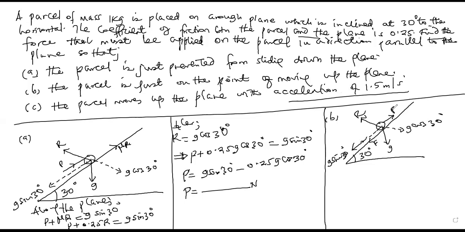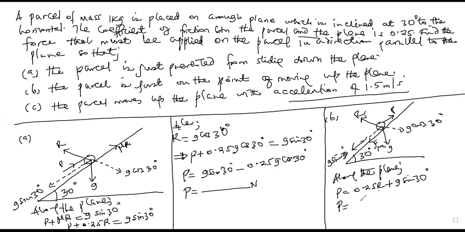Yes. So for this case, when you resolve along the plane, P is equal to 0.25 R, because F is equal to mu R, which mu was given as 0.25, plus g sin 30. But you know R is g cos 30.